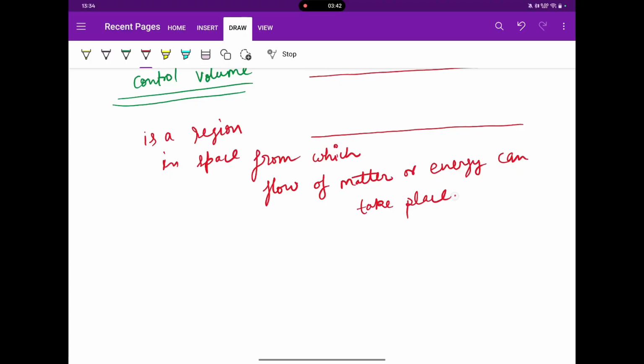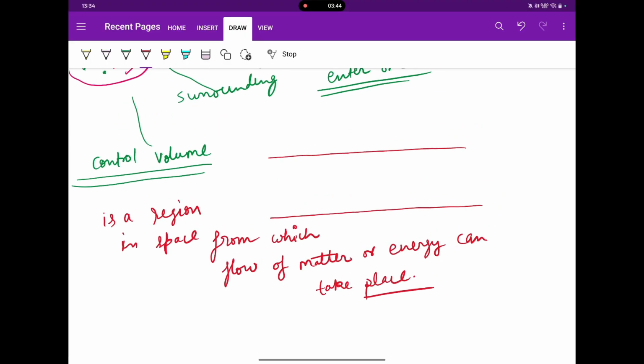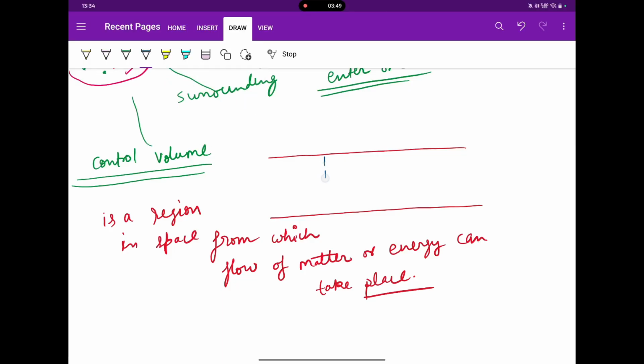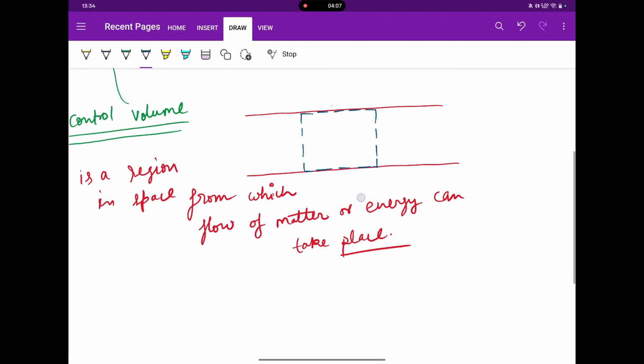Fine. So let me just draw this. If I'm considering this region, this red and here blue, consider them the same. So this is the control volume.